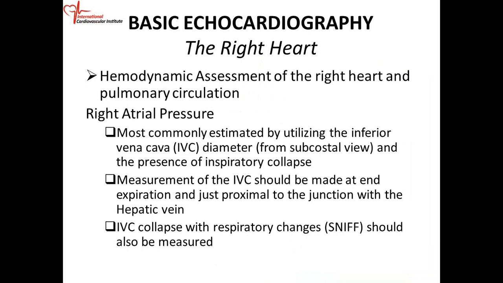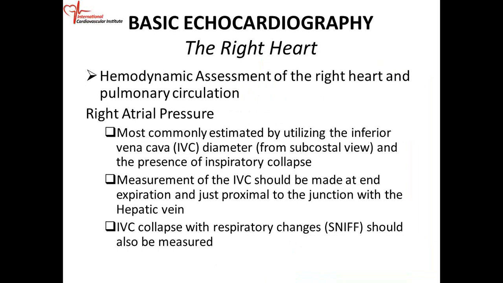The pressure in the right atrium is going to influence what goes on in the inferior vena cava. As a result, we use the size of the inferior vena cava and how well the inferior vena cava collapses with inspiration to judge the right atrial pressure.